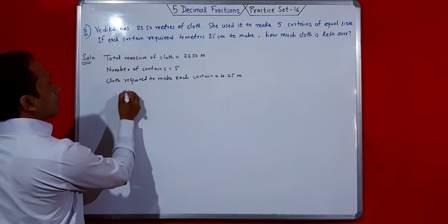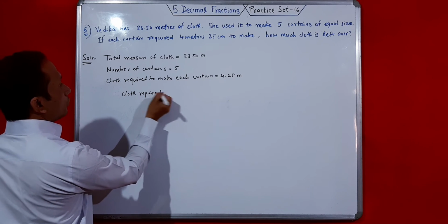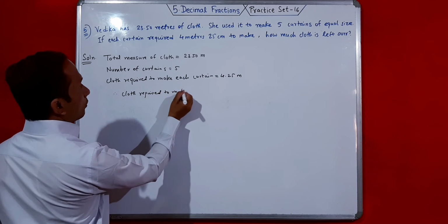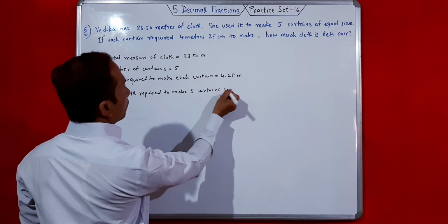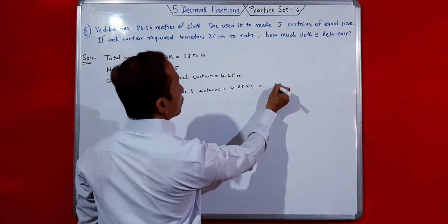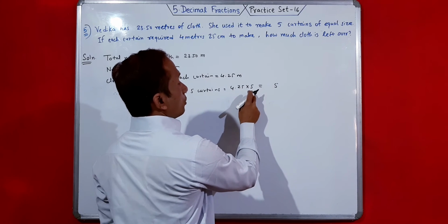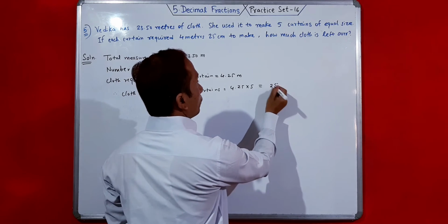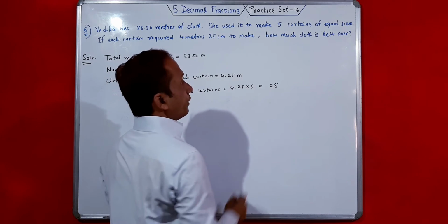Therefore, the cloth required to make 5 curtains is equal to 4.25 into 5. So 5 5s are 25. 5 2s are 10 and 2 is 12. And 5 4s are 20 and 2 is 22.